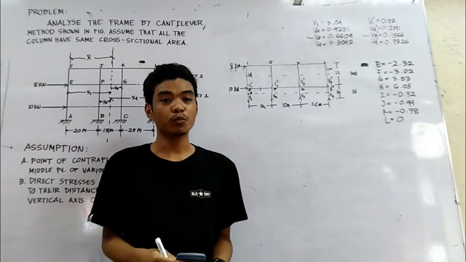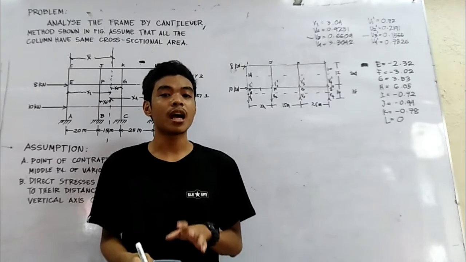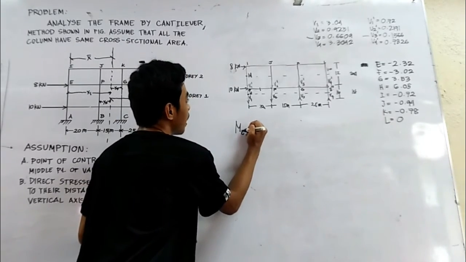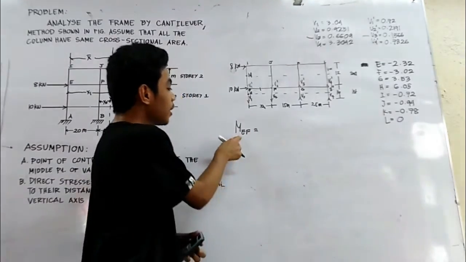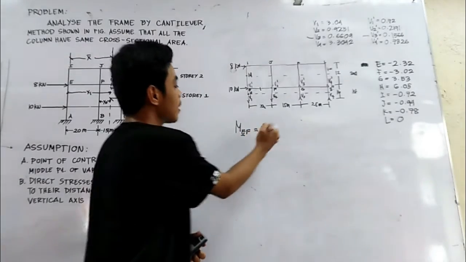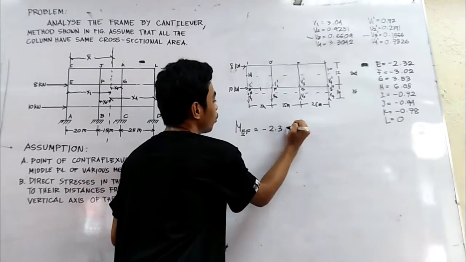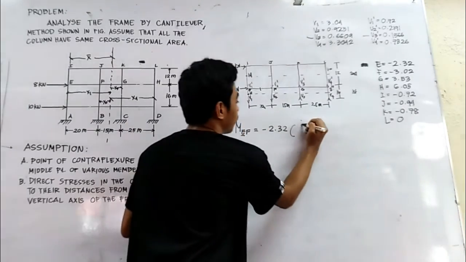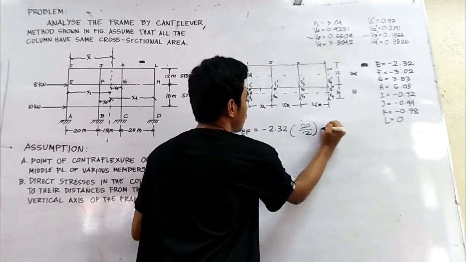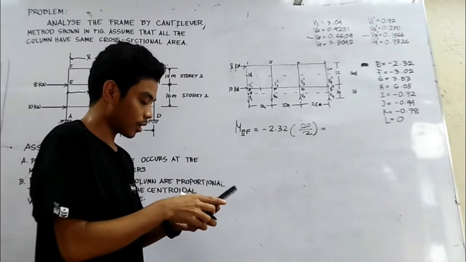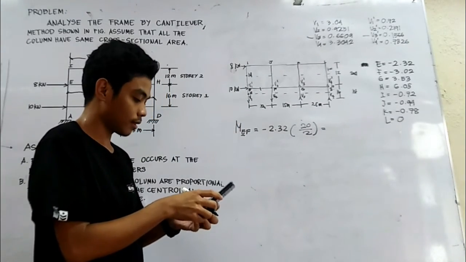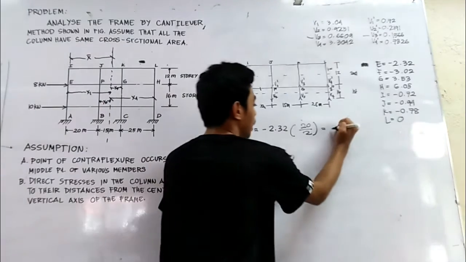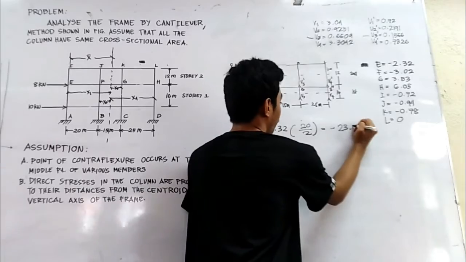So for the next part, we will solve for the moment in the beam. So para masolve natin yung moment, we just have to multiply the shear by the half of the span. So first, we will solve for the moment of member EF. Yung value natin ng point E is negative 2.32 times ng span, which is 20 divided by 2, is equal to negative 2.32 times 20 all over 2, meron tayong negative 23.2.